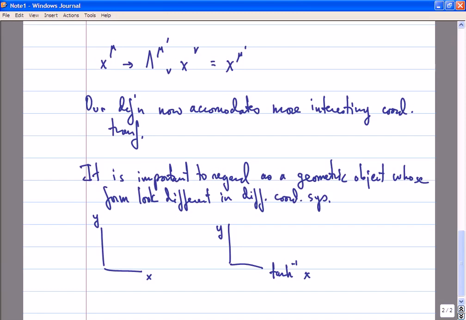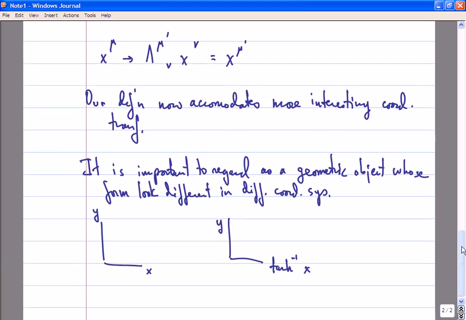I encourage you to go back, if that's still a bit mystifying, and work through the coordinate transformation that takes you from a constant gravitational field to a constant acceleration. Any other questions? No questions? Okay, let's continue.